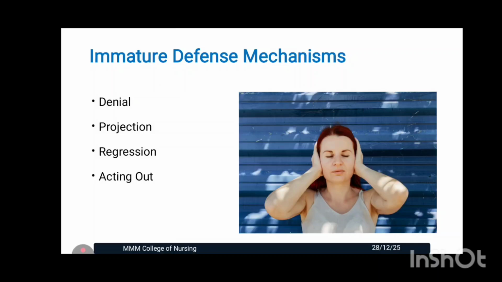Then is acting out. This is expressing unconscious feelings through actions rather than words. For example, an angry adolescent breaks objects instead of expressing anger verbally.